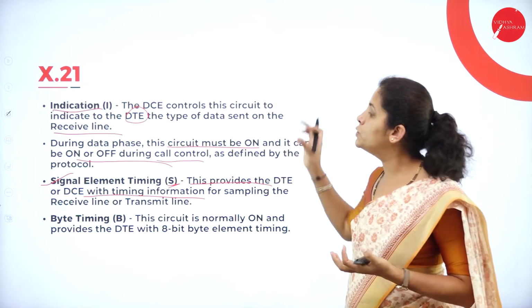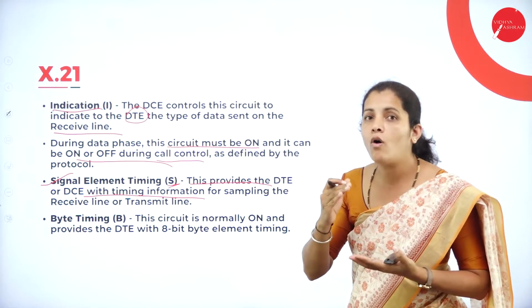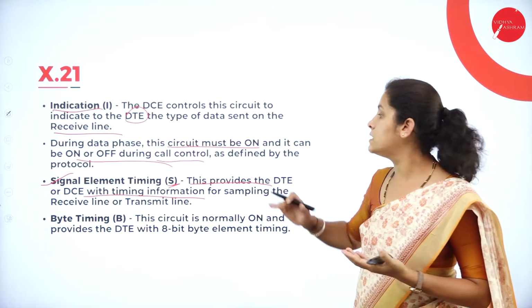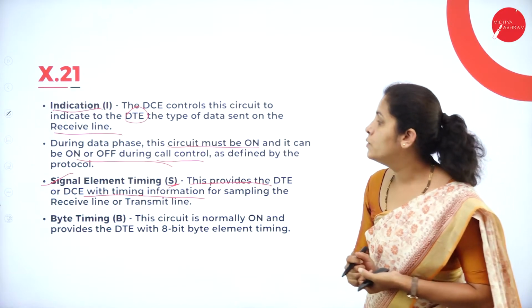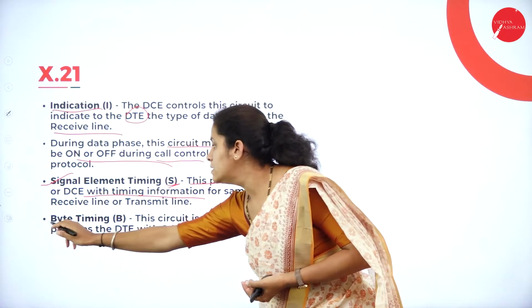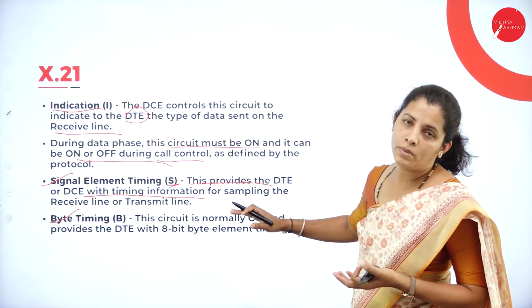That means it is going to use the timing information for sampling of receive line and sampling of transmit line, and at the end we are going to get byte timing. So this circuit is normally on.